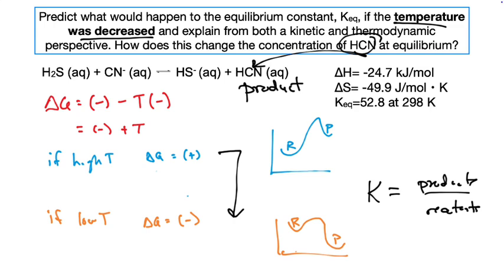So as I decrease the temperature, what happens to the concentration of my products? Those also increase. We can use the KEQs to help with that, but I deleted all the KEQ information. Okay? So here what we're doing is using the energy diagram to predict those changes. Make sense? Ish? Okay.